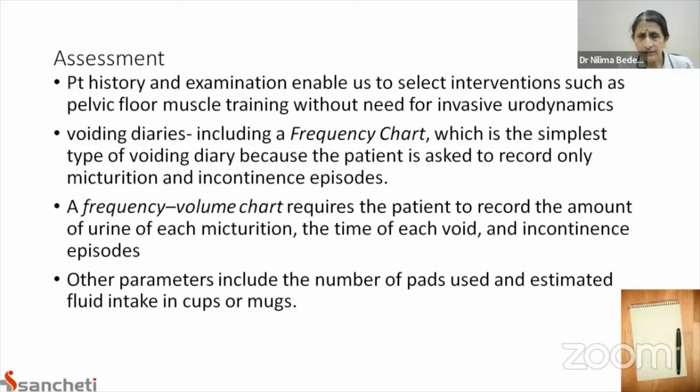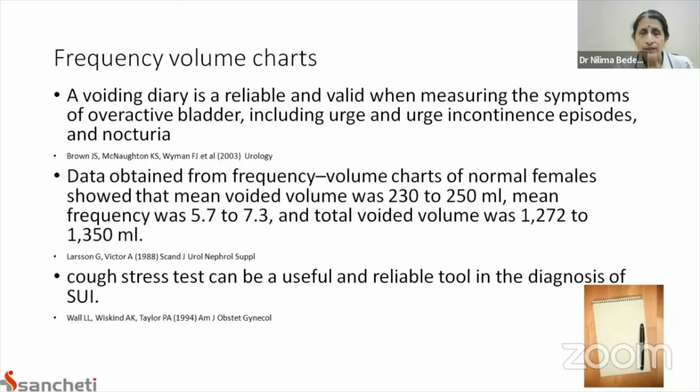The other parameters which are also studied are the type of pads, if they use any at all for incontinence, the number of pads they need to change, and what type of fluid they have. There have been various studies which say that bladder diaries are a very reliable and valid measure to know about overactivity, including urge and urge incontinence, nocturia, and other things.